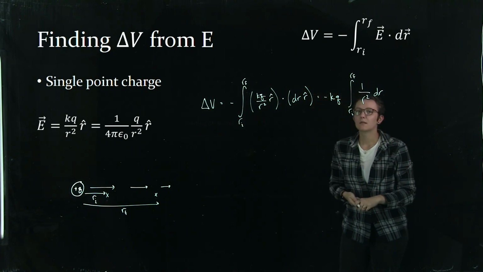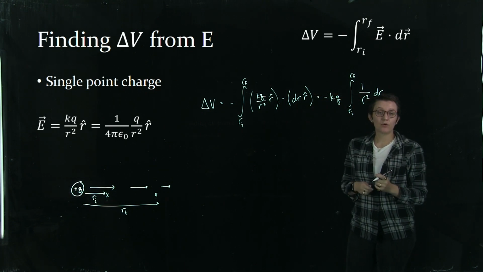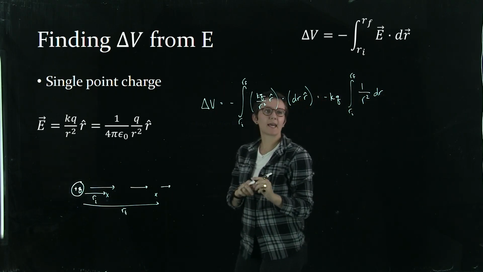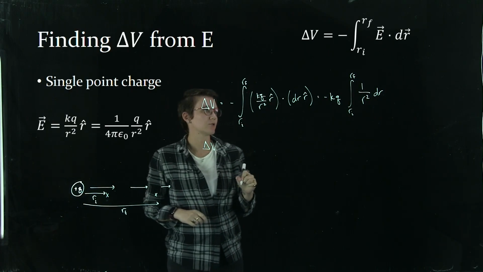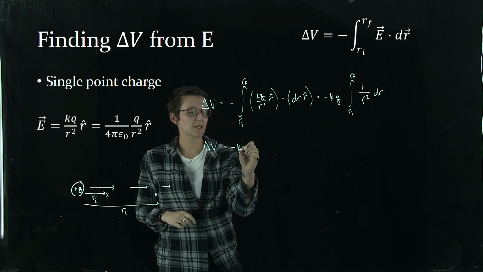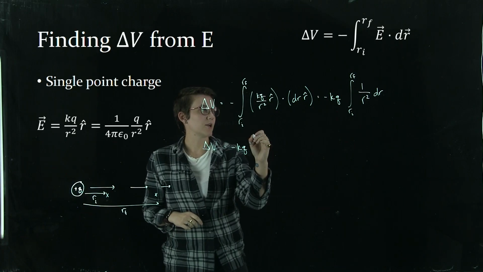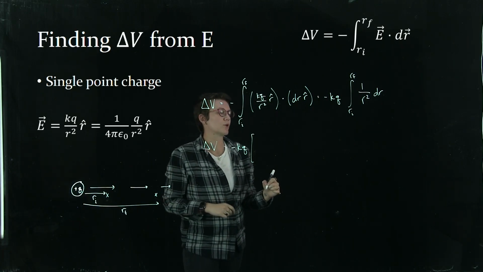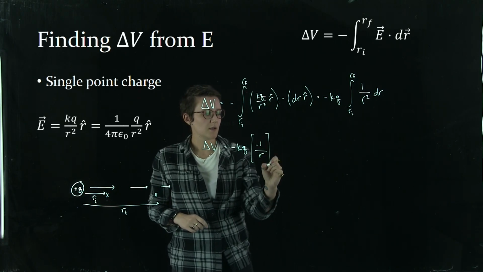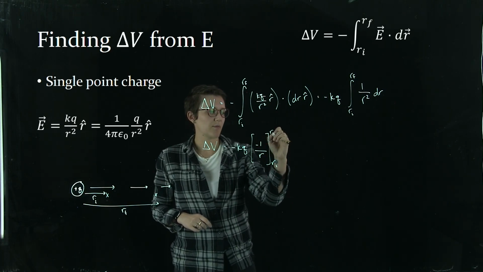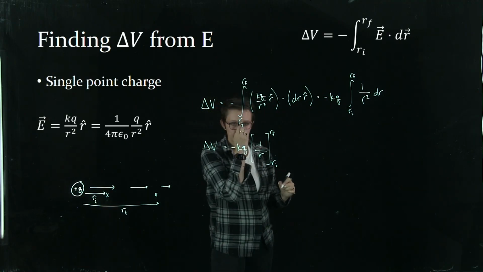Okay. Now I just need to finish the integral. So this is my delta V, my change in electric potential, which is minus kq. And I know that the integral of 1 over r squared is minus 1 over r. And I'm evaluating this integral from r initial to r final.